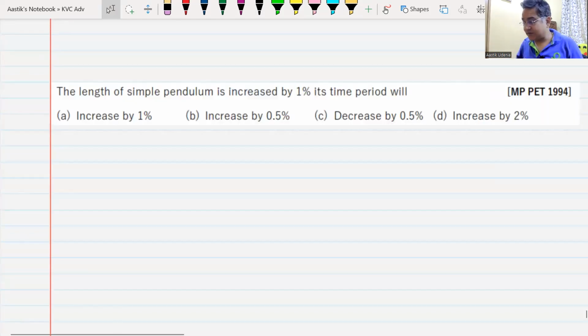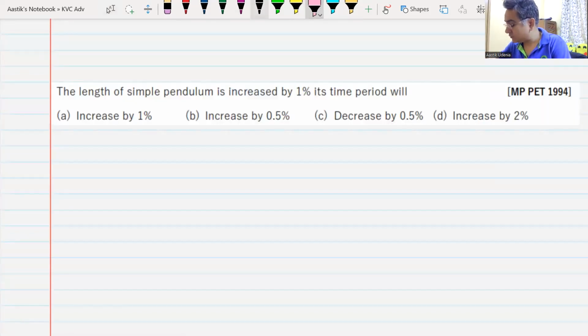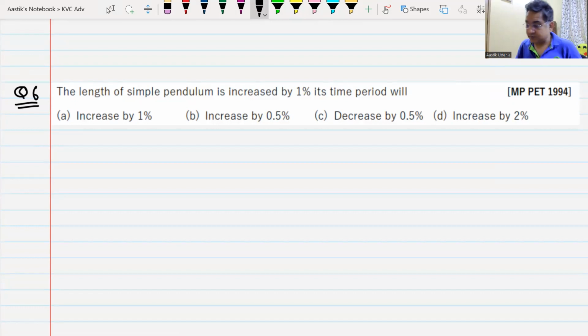Question number 6. The more questions we do, the better we become. The length of a simple pendulum is increased by 1%.